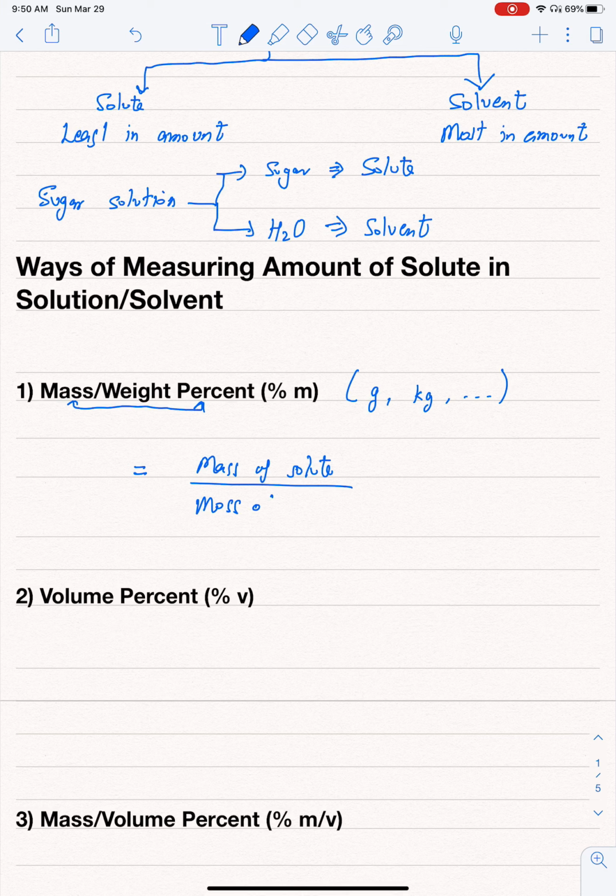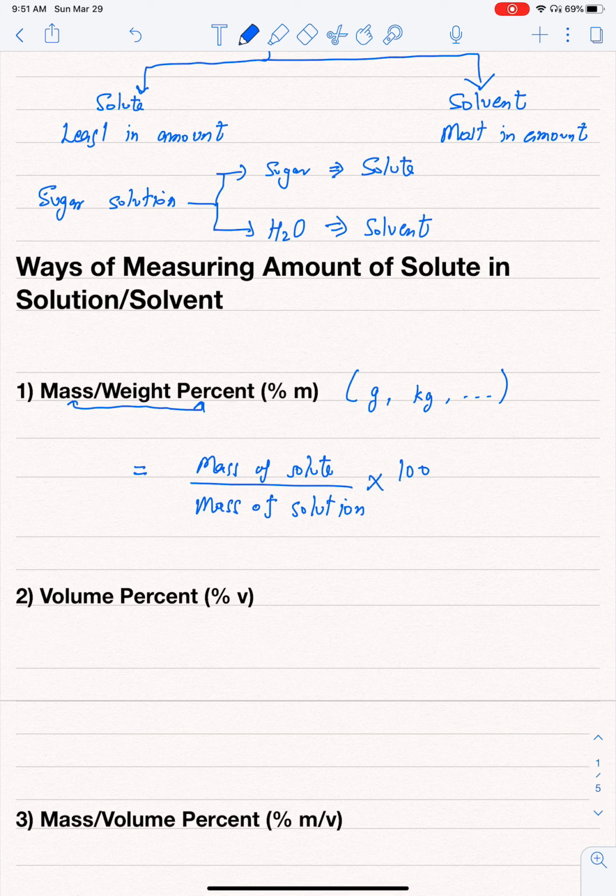This is something you have to make sure you keep in mind: it's the solution in the denominator, not the solvent. If you recall the definition of percent, it's always the part divided by the whole thing times 100. So we're doing exactly the same thing when we figure out the percent solute: the mass of solute divided by the mass of solution times 100.